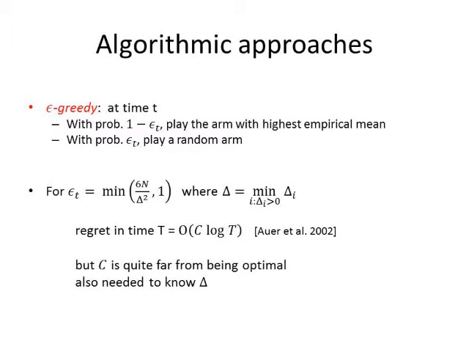Okay, so let me mention a few well-known algorithms for this problem before I go to Thompson sampling. One quite popular heuristic is the epsilon greedy heuristic. At time t, with probability 1 minus epsilon t, play the arm which has the highest empirical mean so far.